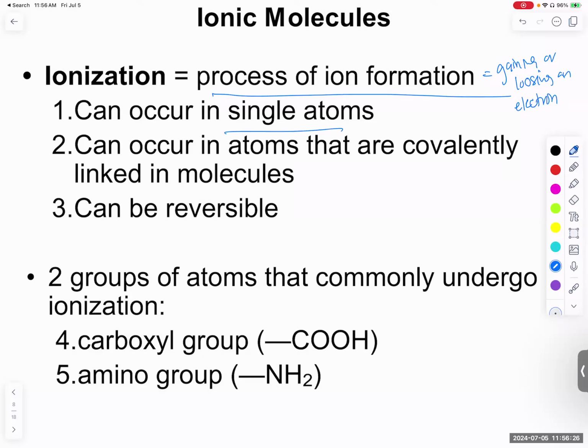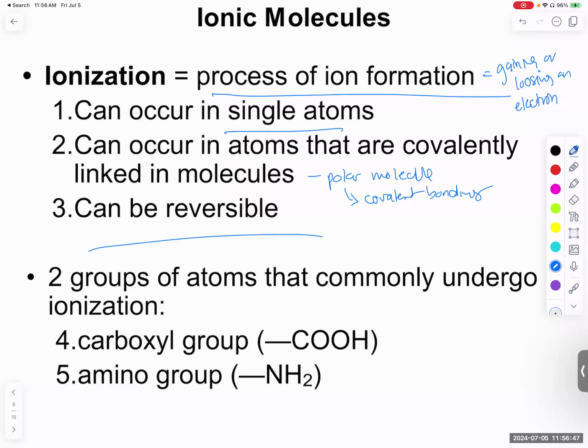And it can happen in a single atom. It can occur in atoms that are covalently linked, right? So it would be polar or polar covalent bonding. It can also be reversible.